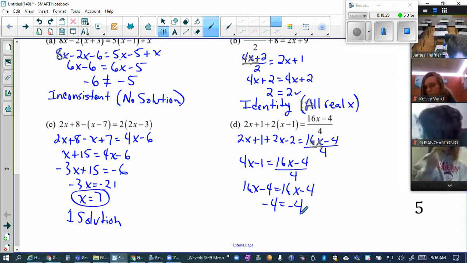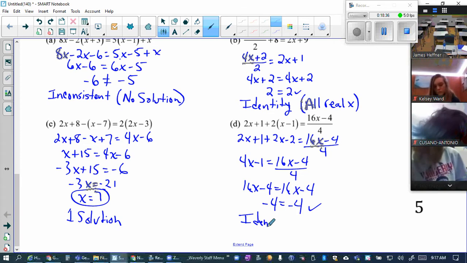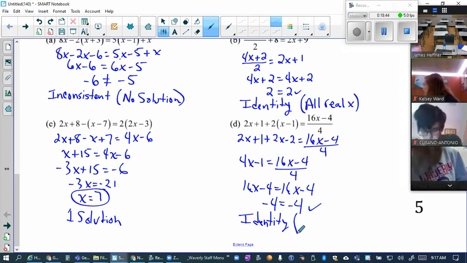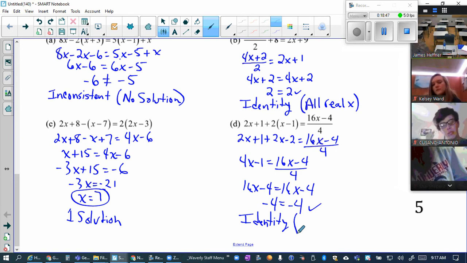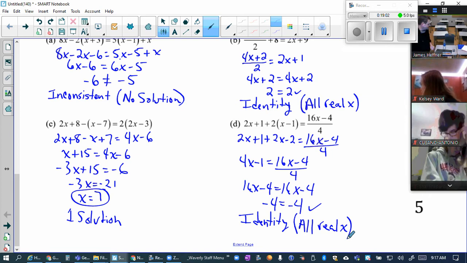So this would be another what? It's an identity, right? So what x's are solutions to that original equation? What x's are solutions? All real x's, yes. Any value for x you want to plug in, in the real number system, will make it true. Okay?